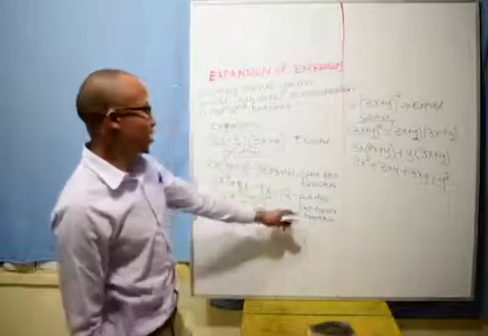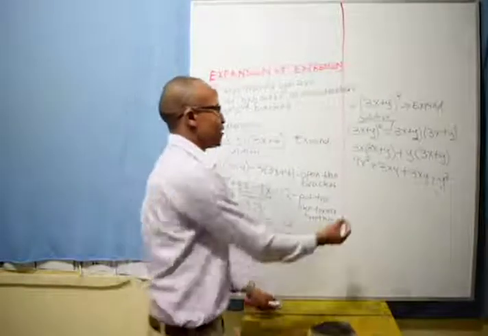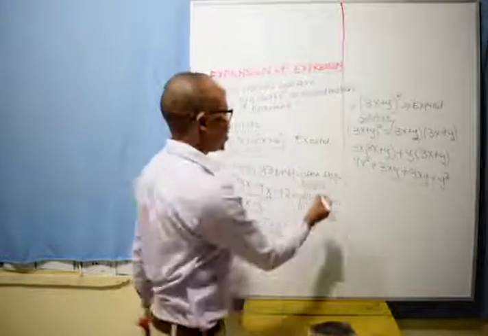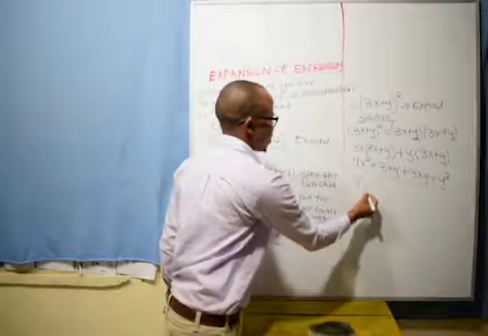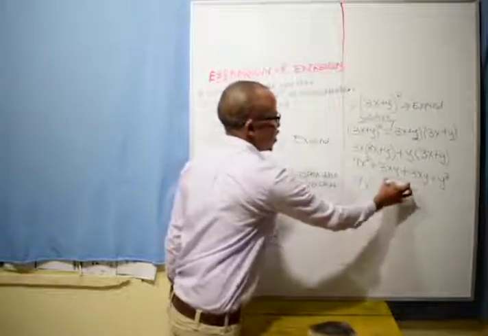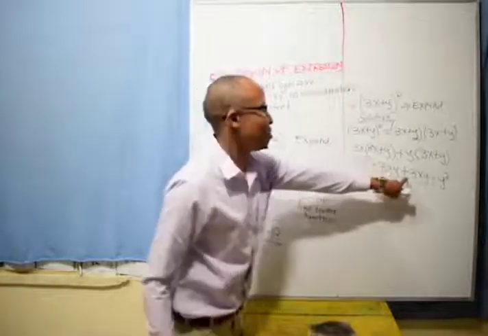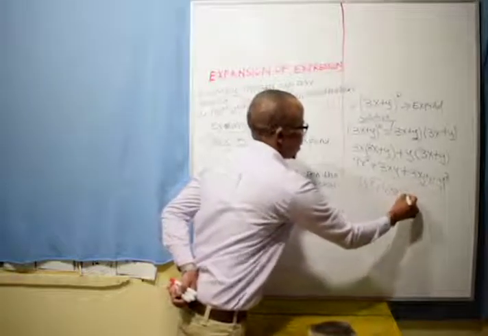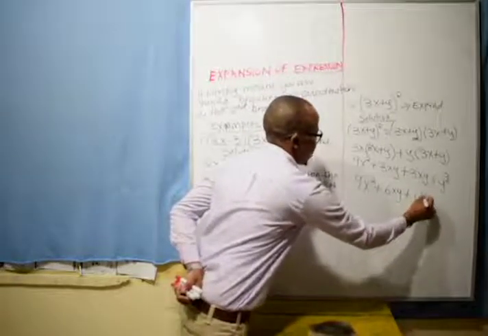And then you put the like terms together. What we have here is similar: the two 3xy terms. So it becomes 9x squared, and then you add 3 and 3, it becomes plus 6xy plus y squared.